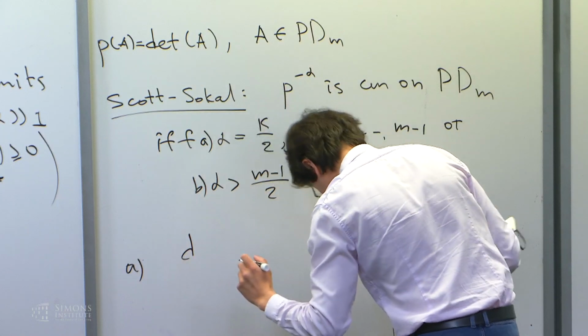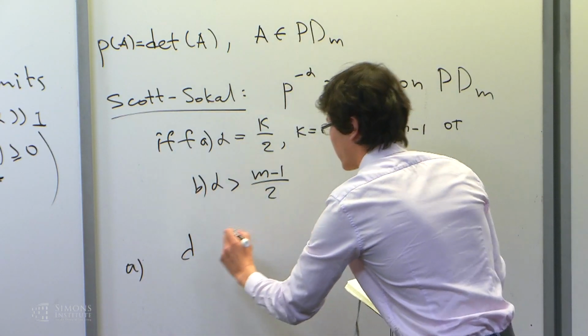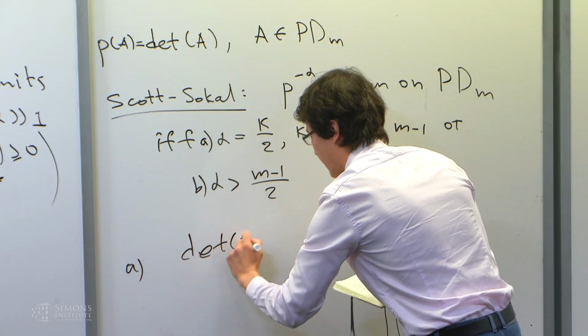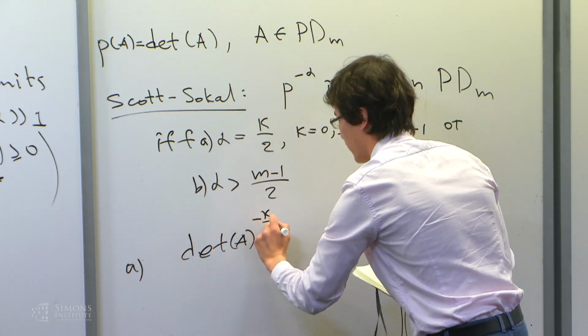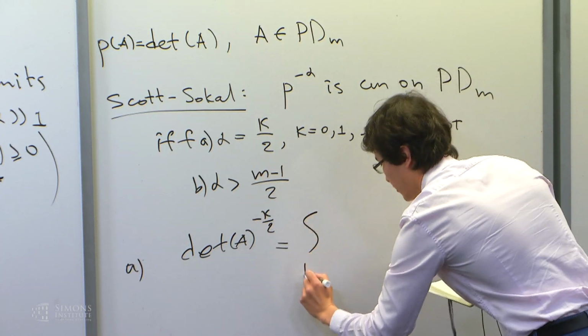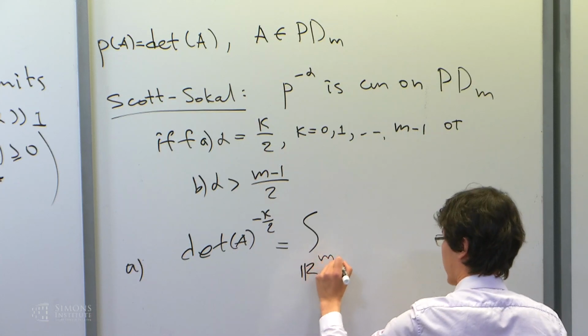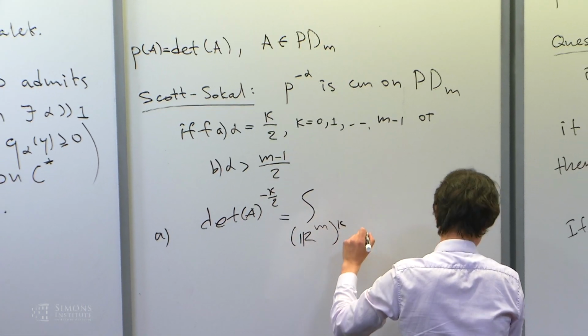The determinant of A to the power minus k over 2 equals an integral over the space. Let me first write it and then I'll explain.